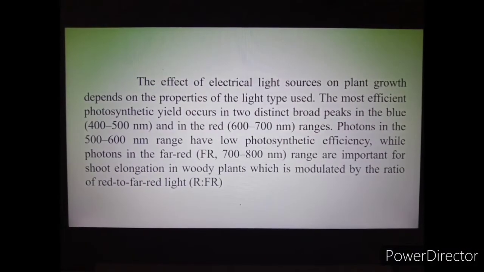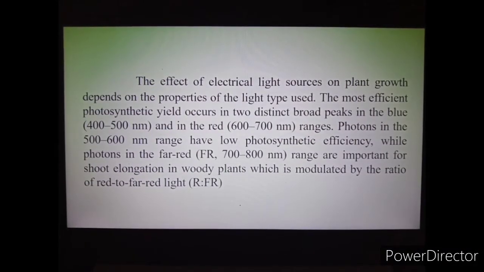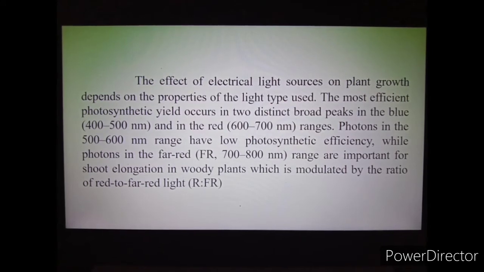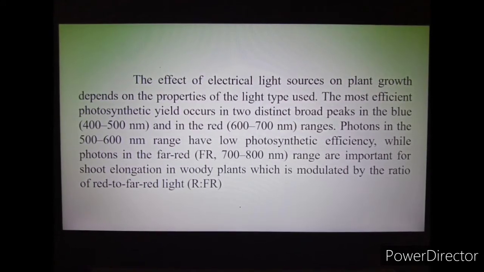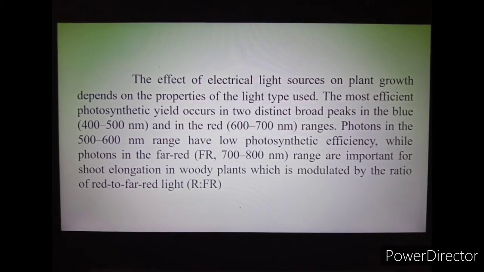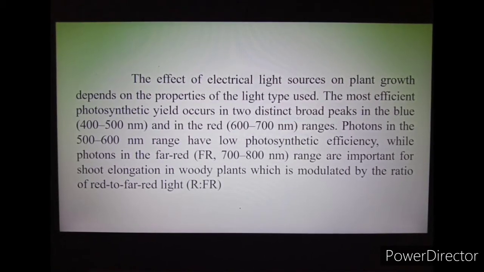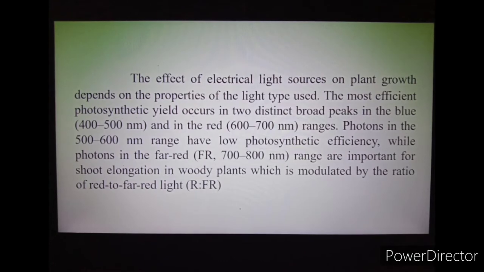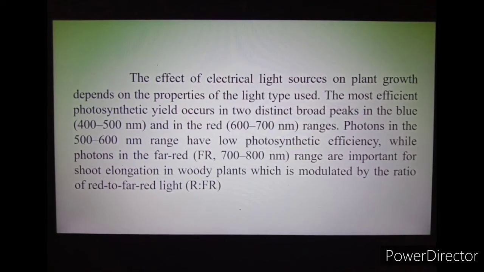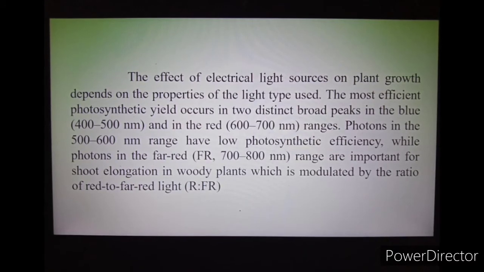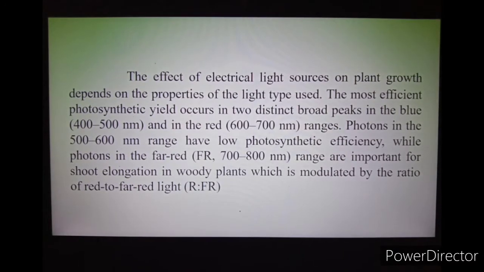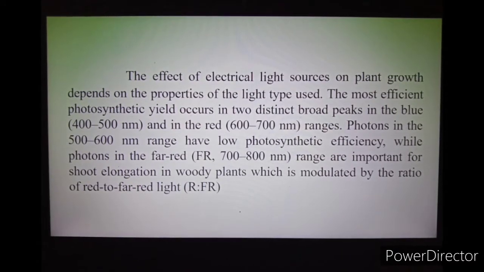The effect of electrical light sources on plant growth depends on the properties of the light type used. The most efficient photosynthetic yield occurs in two distinct broad peaks in the blue, which has 400 to 500 nanometer, and in the red, which has 600 to 700 nanometer ranges.